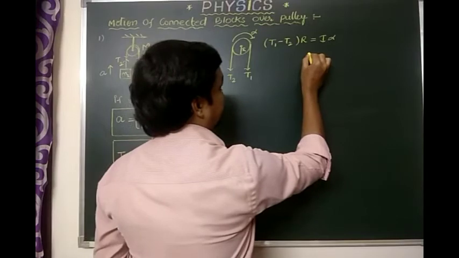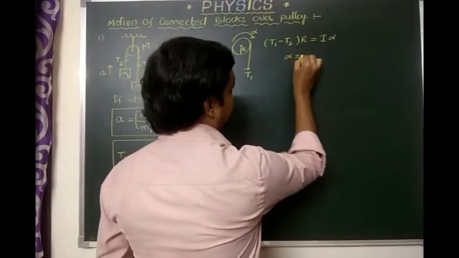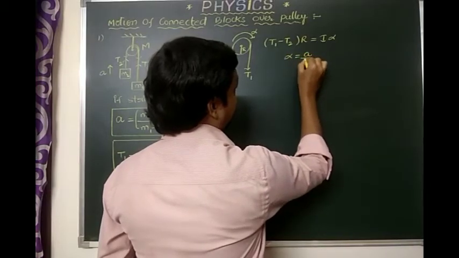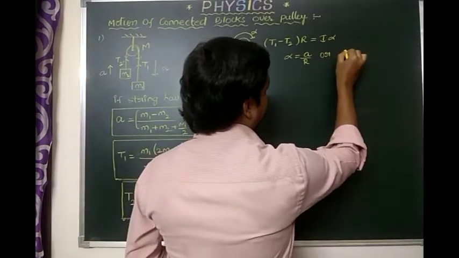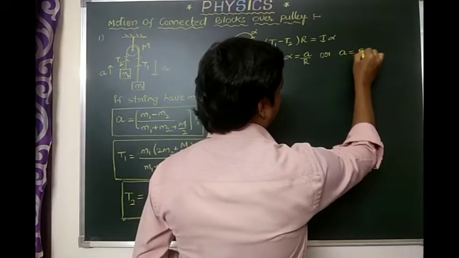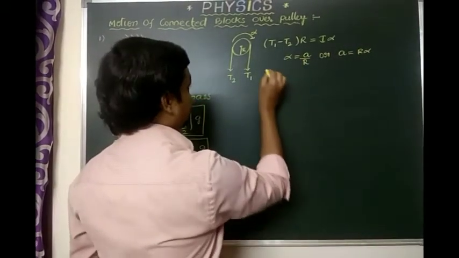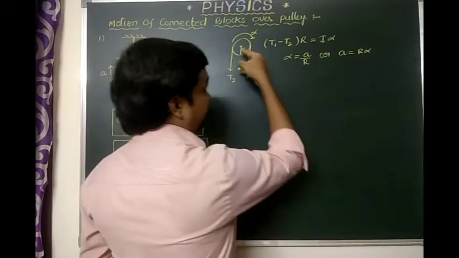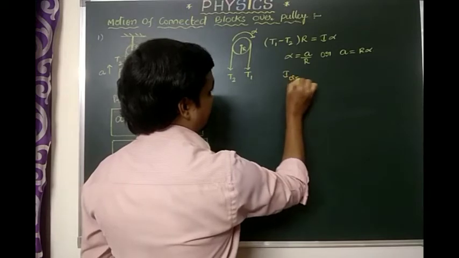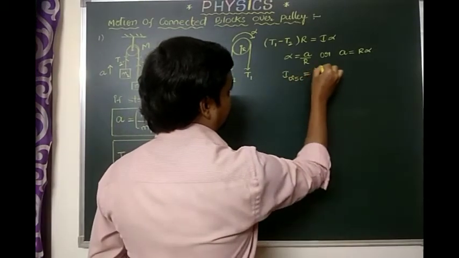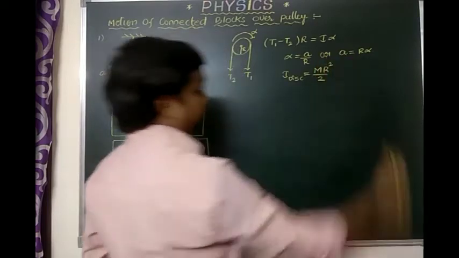Angular acceleration and linear acceleration have a relation. Alpha is equal to a by R, or this can be written like a is equal to R alpha. Then the moment of inertia of the disk, where the mass of the disk is m, is m r square divided by 2.